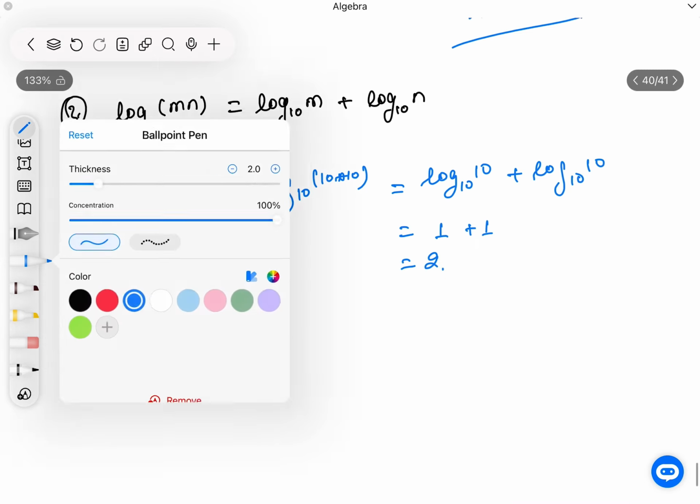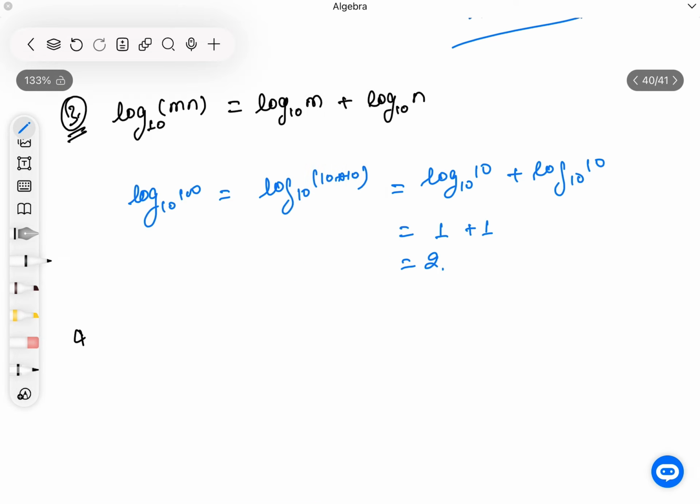Okay, let's see the fourth property. If you have this time division kind of a thing, not multiplication but division, in that case what you could do is you could still separate them.